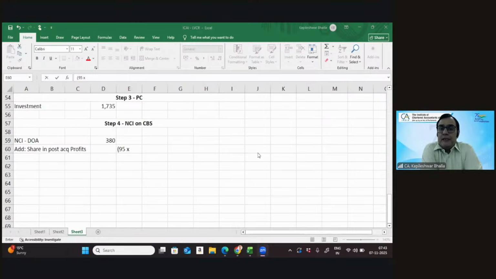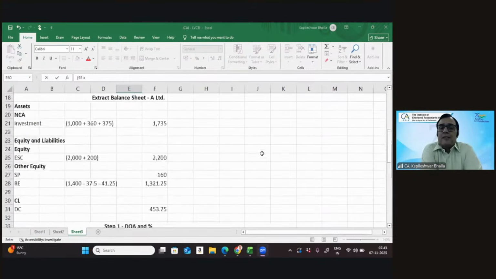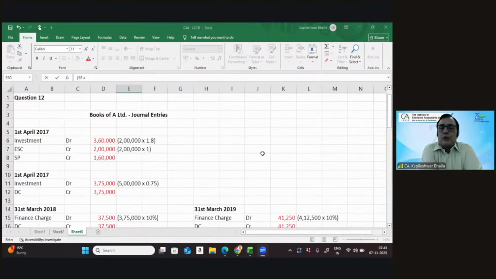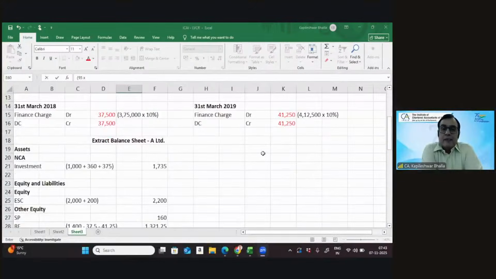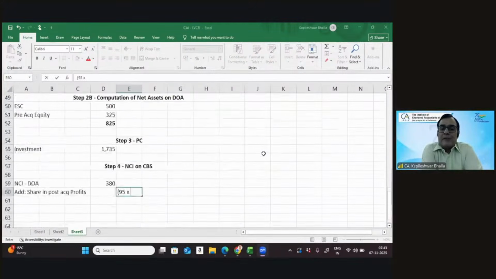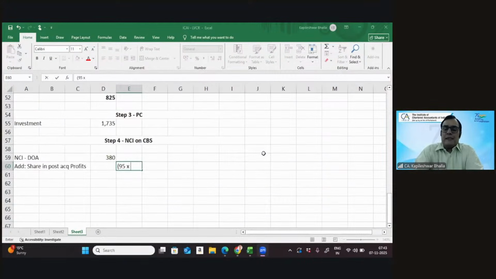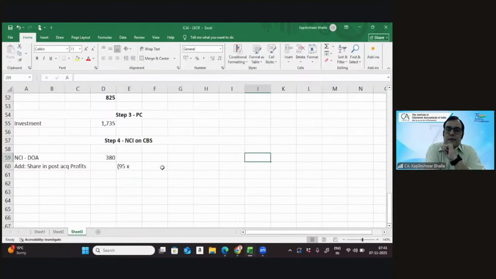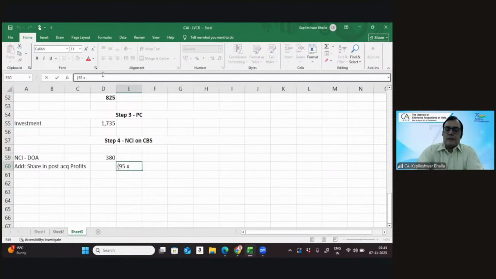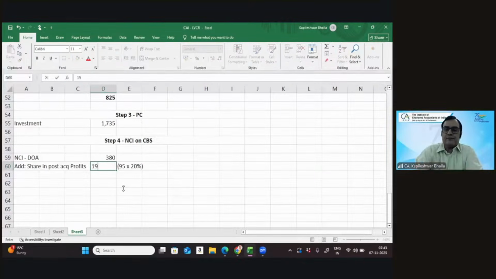The parent has got a total stake to the extent of step number 1, 80%. So 20% belongs to the NCI. So let's take 20% of this that belongs to the NCI, and that's coming to 19.